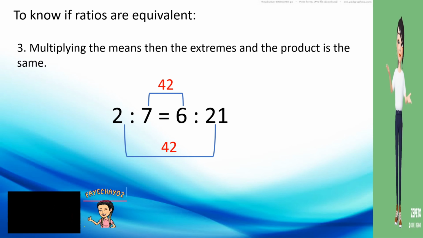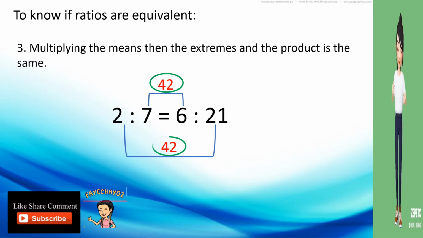As you can see, the product of the means is 42 and the product of the extremes is 42. So they are equal. Therefore, 2:7 is an equivalent ratio of 6:21.